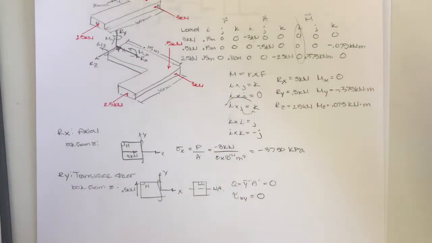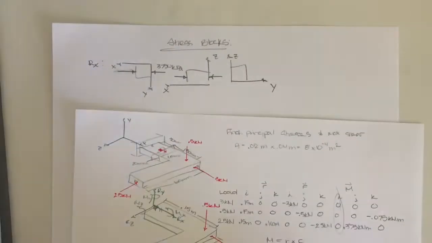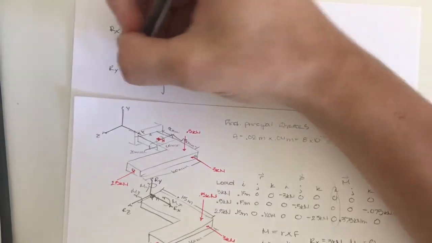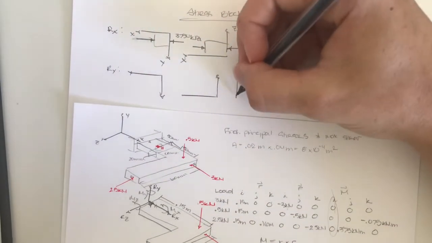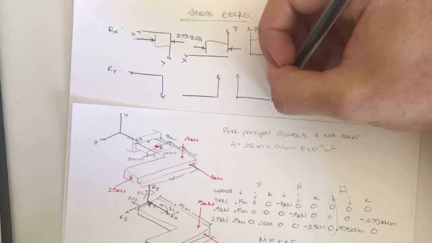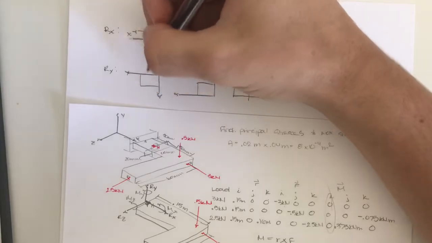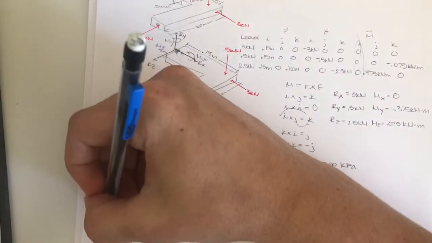Okay, so we are going to make our stress box for that, which is just going to be nothing. I don't necessarily need to make these stress blocks, but for the combined loading, it'll be easy to see how that works.